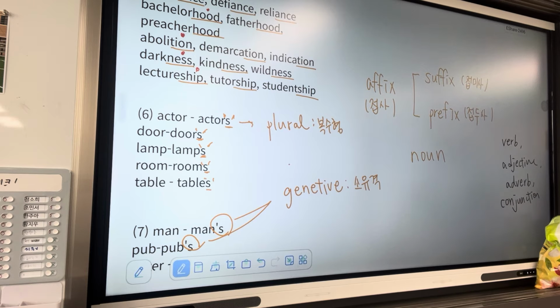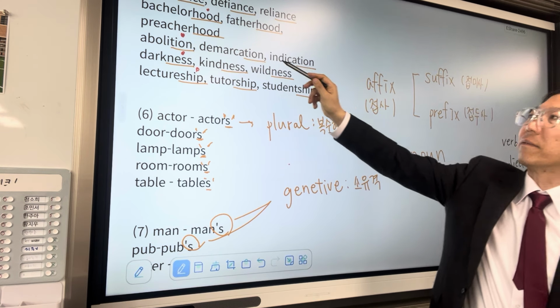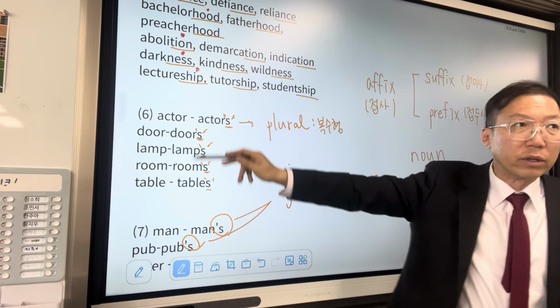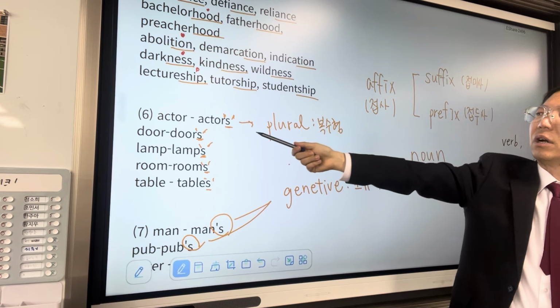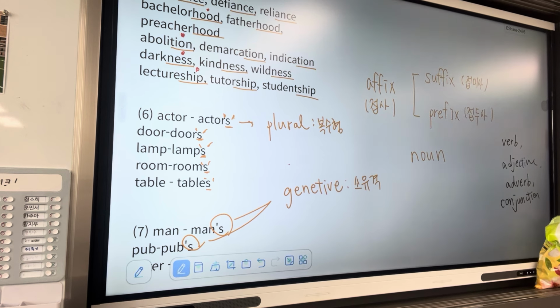So by looking at the form, the shape, the suffixes, we can recognize that sometimes they are the noun classes because they have S as a plural form, because they have S as a genitive ending. Plural and genitive endings are typical only of noun classes.